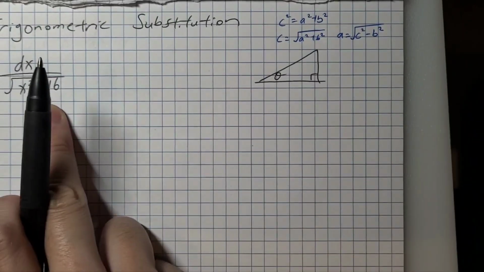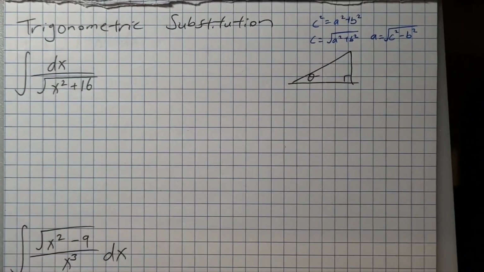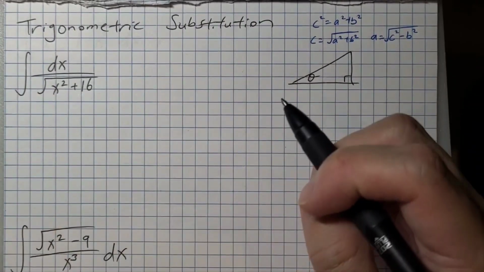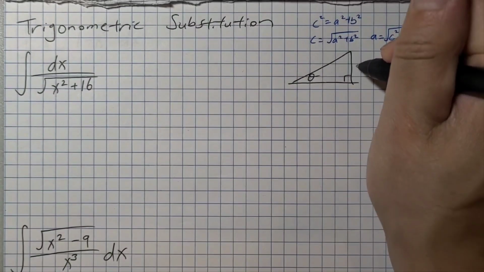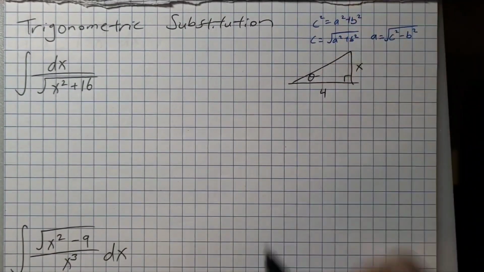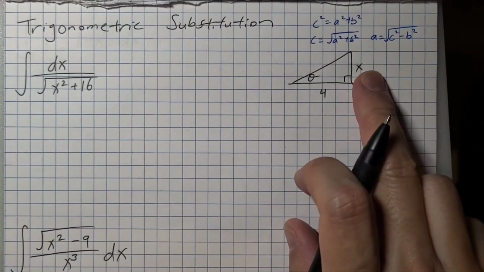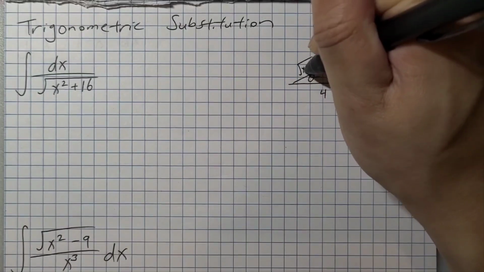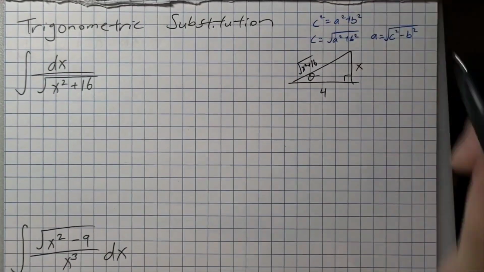So what do we have over here? We have a sum of 2 terms. So one of them will be x, so we can write this as x. The other one will be square root of 16, which is 4, okay? And the hypotenuse is just this whole square root, square root of x squared plus 16, okay?